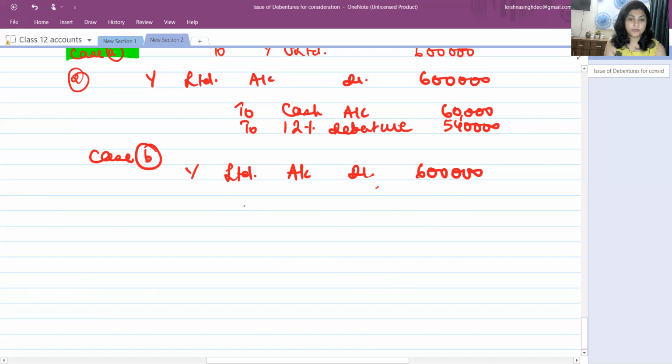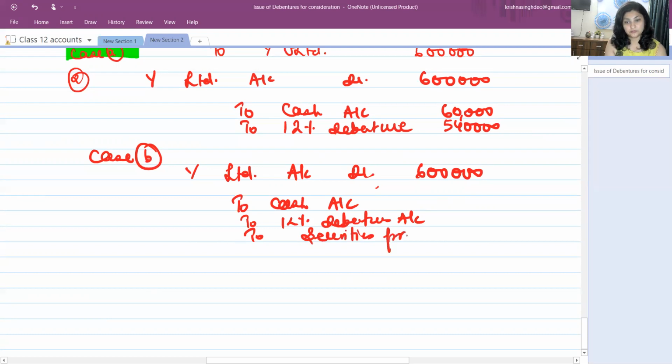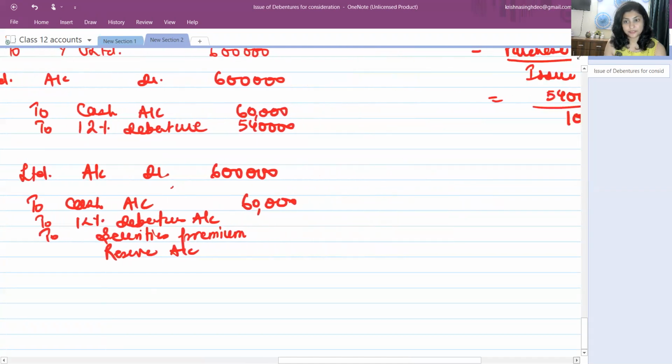So here it will be to cash, to 12% debentures account, to securities premium reserve. Cash was paid again 10%, so 10% cash is 60,000.